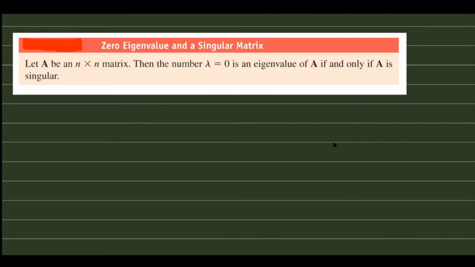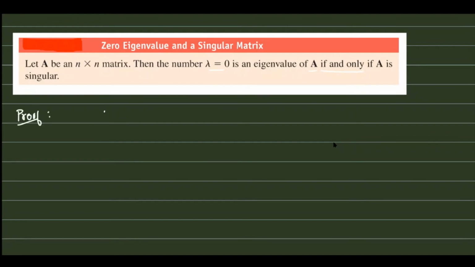We can also say that A is non-singular if and only if 0 is not an eigenvalue. If 0 is an eigenvalue, then A is singular. We have an if and only if condition, so we can prove this here.